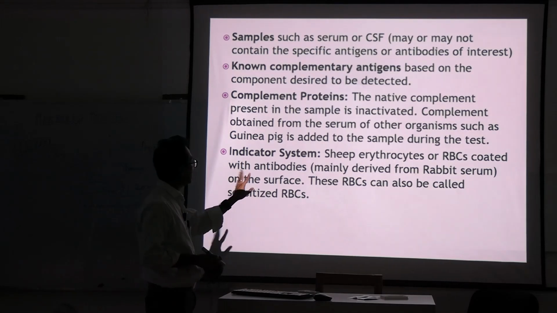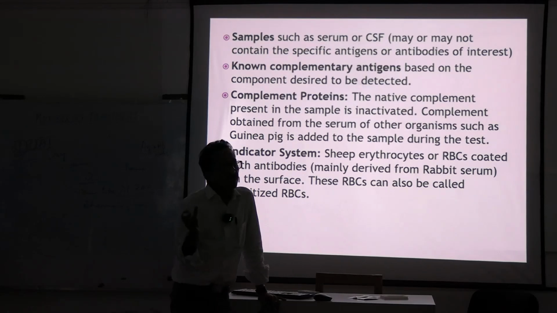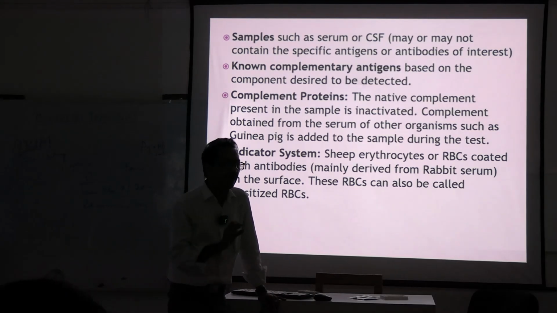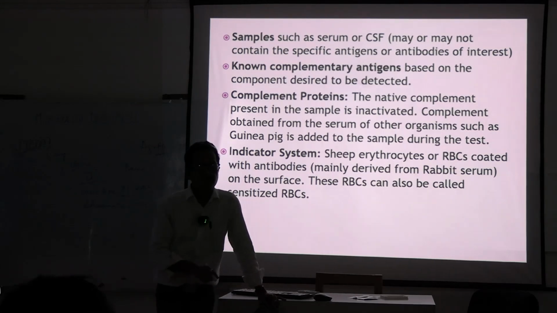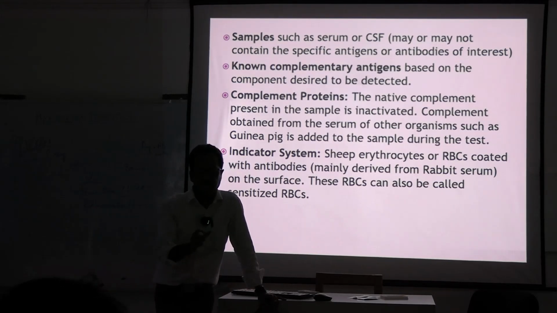You need to know the indicator system. Antibodies are produced in rabbit by inducing sheep erythrocytes. That is called amboceptor or indicator system. Just know this part is asked. What is amboceptor? Sheep RBC when introduced in a rabbit will produce antibody against the RBC, and that will act as an amboceptor or indicator system.